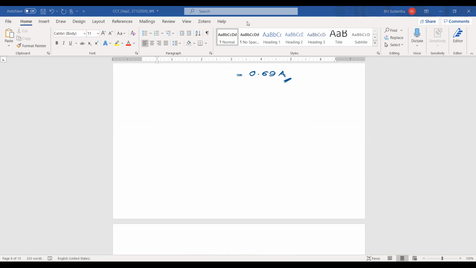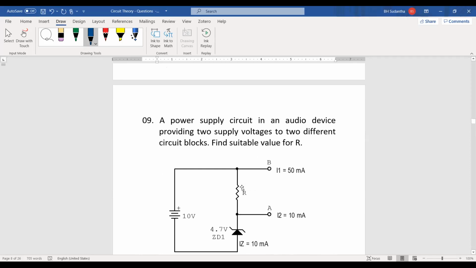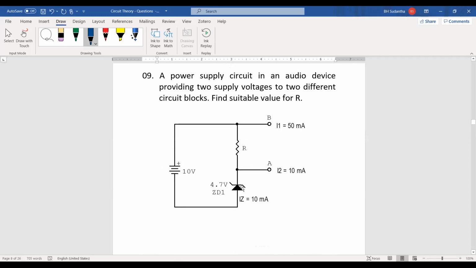Okay, then this is the next question, but you can try it. Again, you have to apply Kirchhoff's current law, KCL and KVL, and these things.